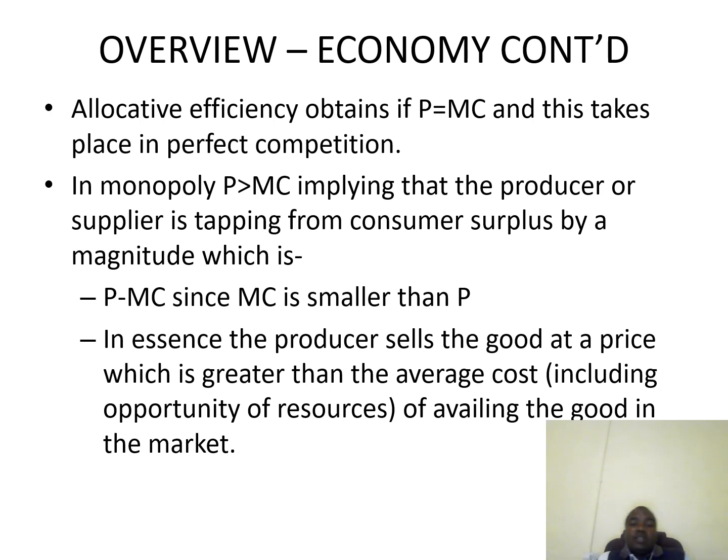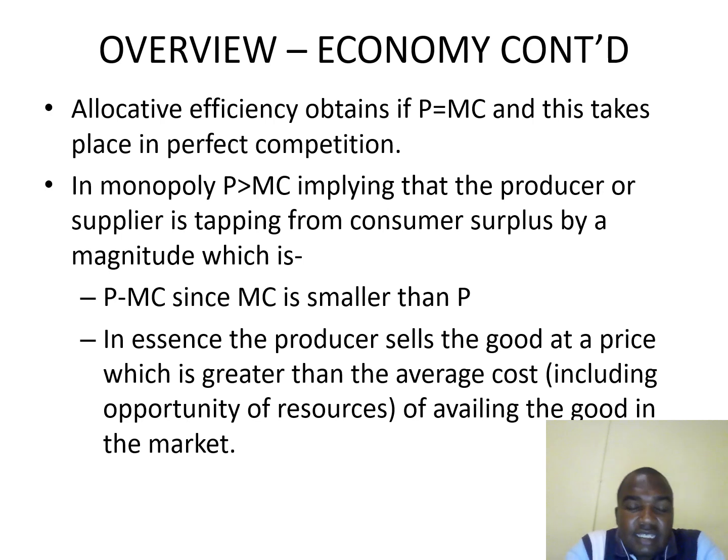As we saw in the diagrams illustrating the allocative and productive efficiency of monopoly, price is greater than marginal cost or greater than average total cost as well, implying that the producer or supplier is tapping some of consumer surplus by a magnitude which is P minus MC, since MC is smaller than the prevailing market price.